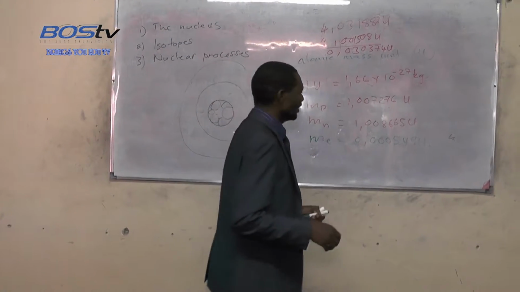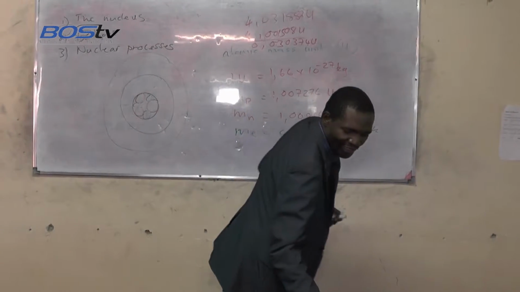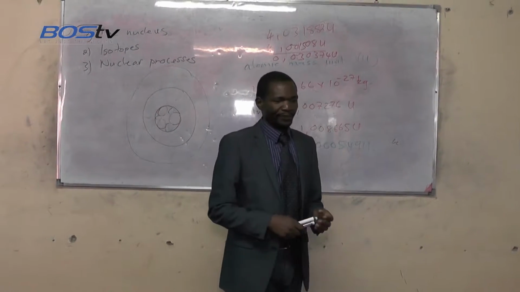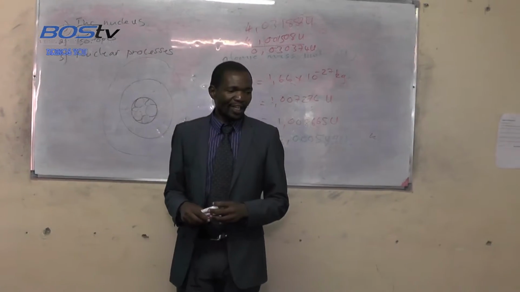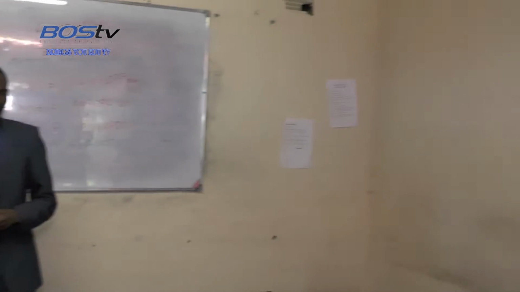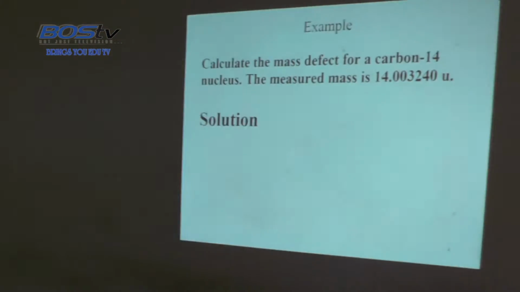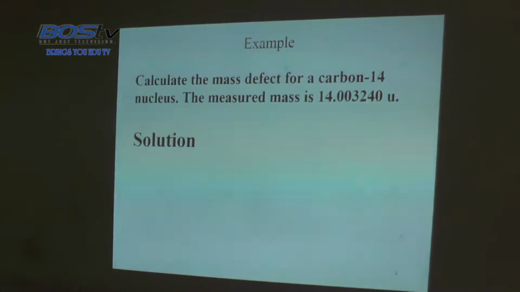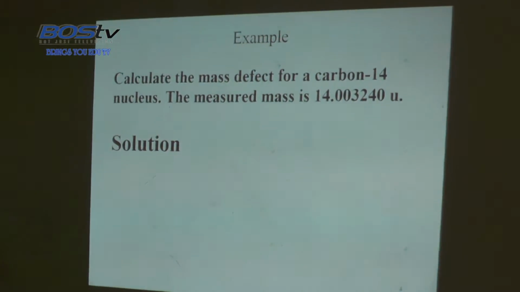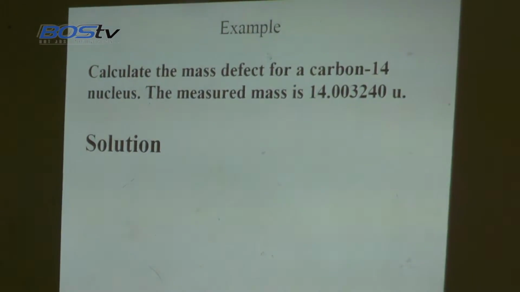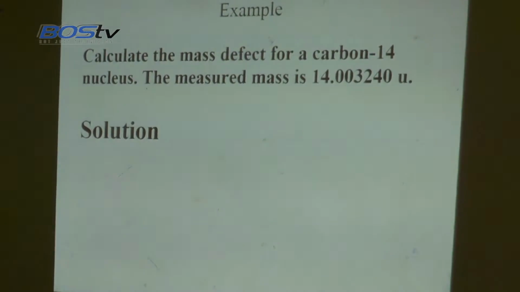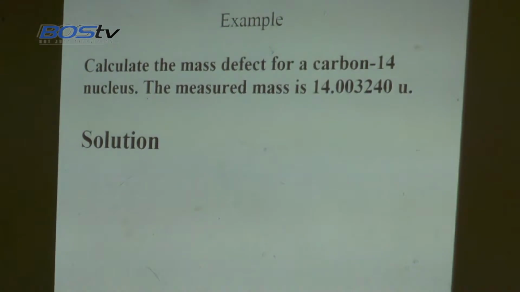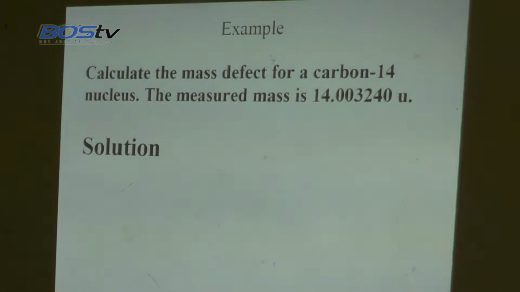So now, another part, can you do the following? Calculate the mass defect of carbon 14 nucleus. If you are given that the measured mass of carbon 14 nucleus is 14.003240 U. Can you do that? Can you just quickly calculate that so that we can move on?